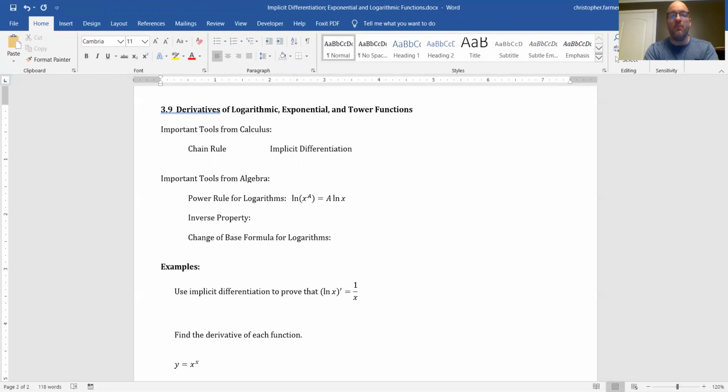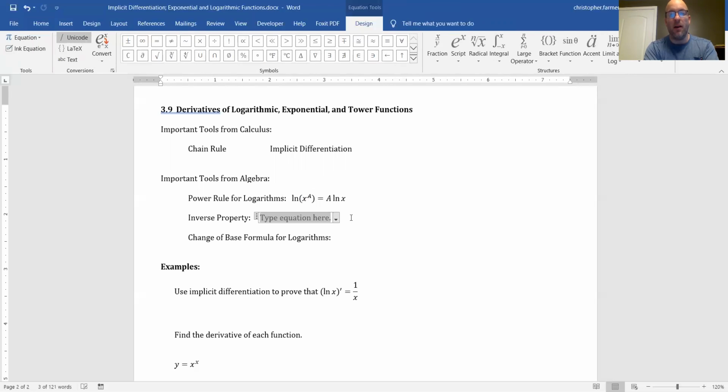Regarding the inverse property, there's a couple of inverse properties out there, but just bear in mind that if you're working with e and natural log, those are opposites. So if I take e to the natural log of x, that is absolutely just going to give you an x.